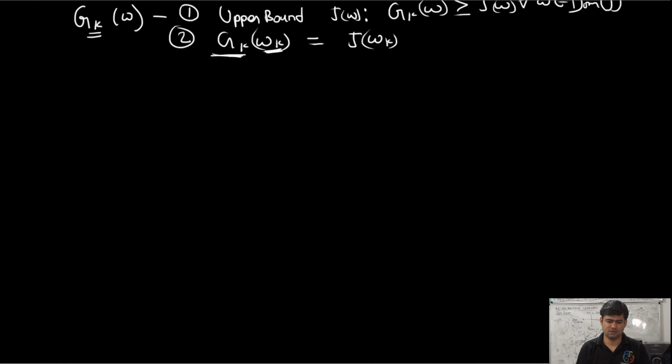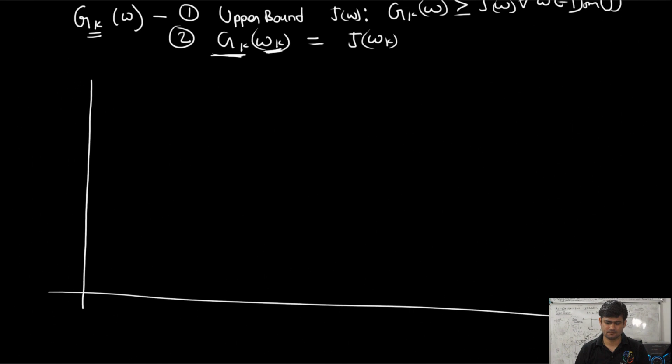So let's consider a scalar function. This is our y-axis, or we can say J of W, and this is our W. Let's assume that our loss function looks something like this. Let's assume it is a convex function.